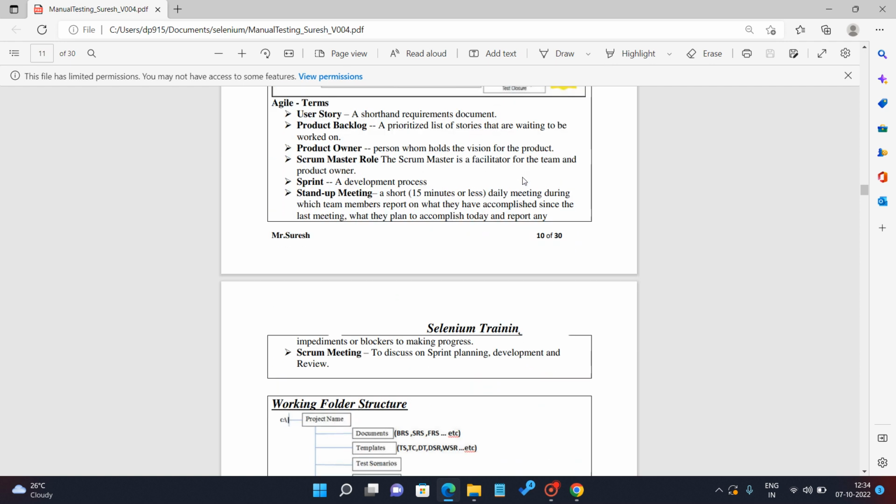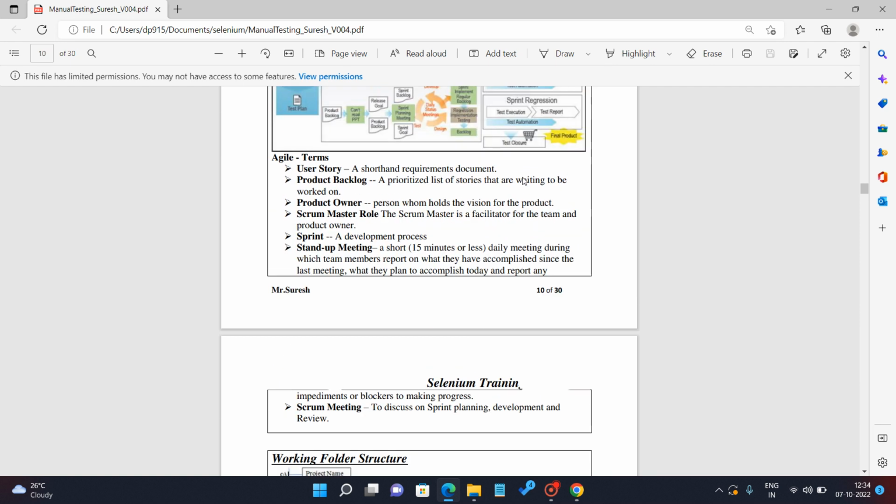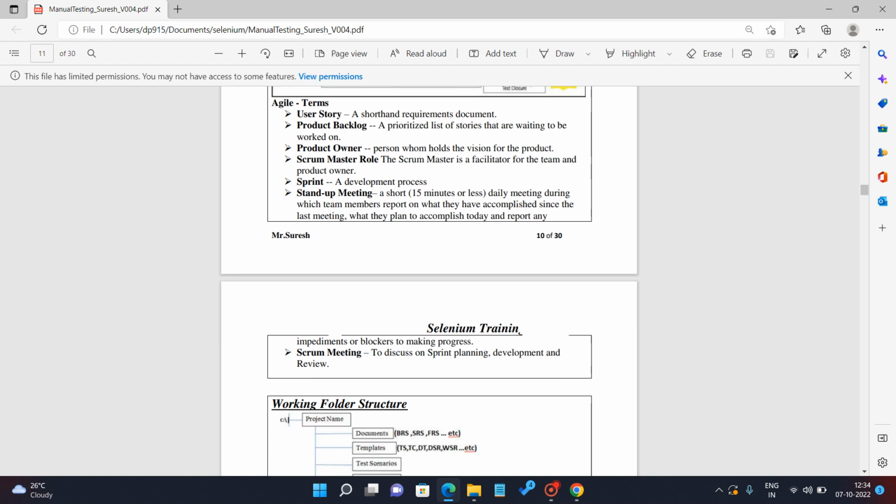Now the agile terms. Scrum user story: shorter than a requirement document, a prioritized list of stories waiting to be worked on. Story means requirement. Product owner: the person who holds the vision for the product. Scrum master: a facilitator for the tasks and the product owner.